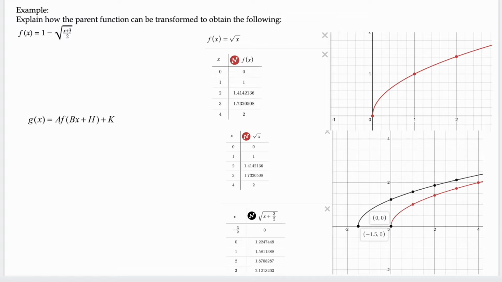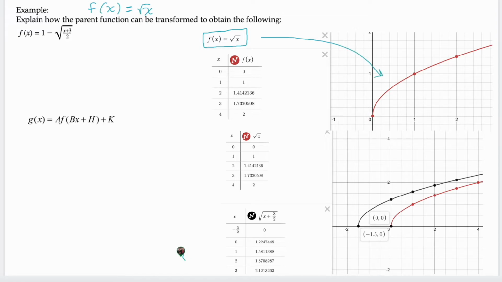Well, I see the square root, so I know that my parent function has to be the square root of x. Just the plain old square root of x is going to be our parent function. So off to the right-hand side, I have just the parent function graphed in red. So this is the parent function. So let's start building this and see what might happen.